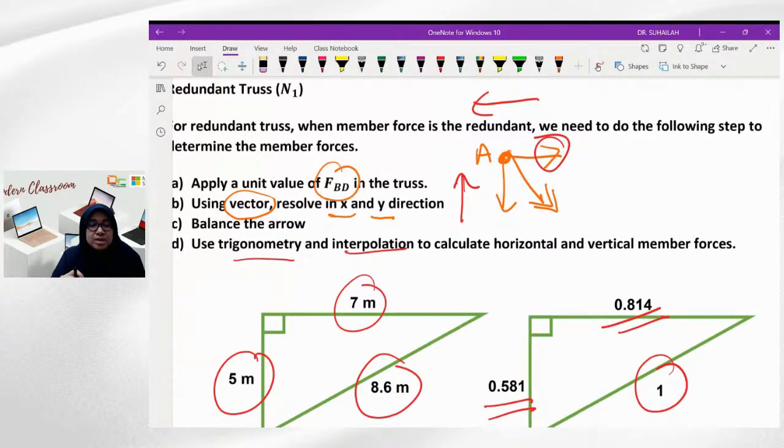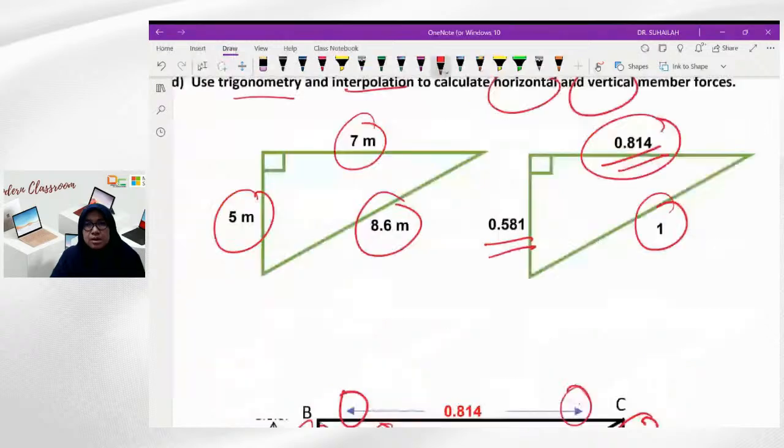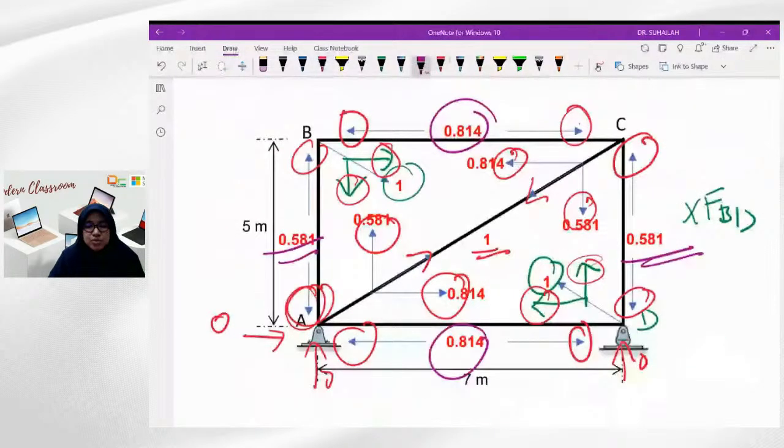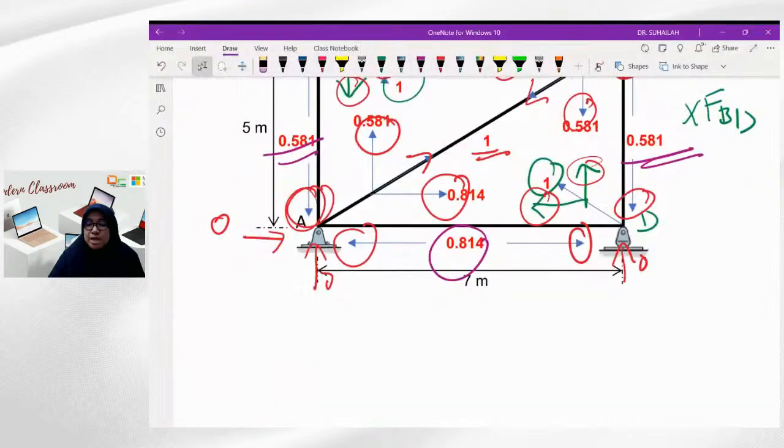Using these steps, number one, apply a unit value of redundant, and then using vectors we resolve first in X and in Y, and then we balance the arrow. After that we use trigonometry and interpolation to calculate horizontal and vertical.